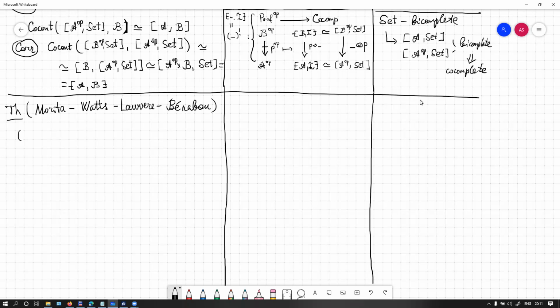It tells us that lower and upper star are equivalences of categories.